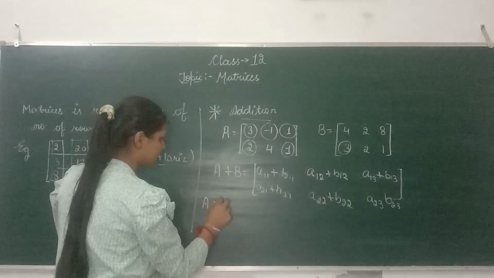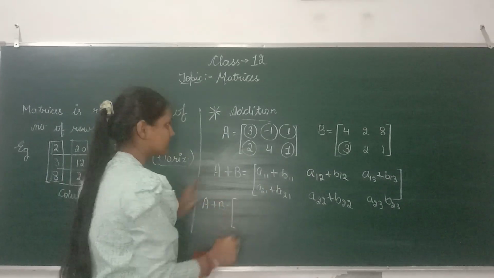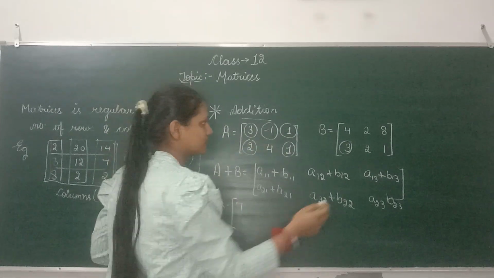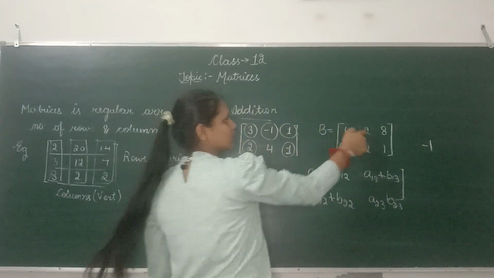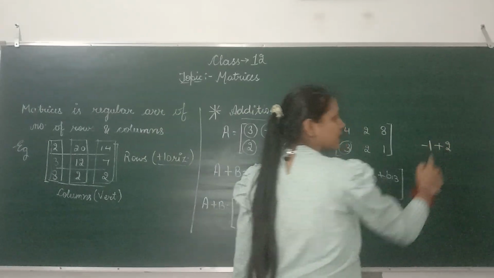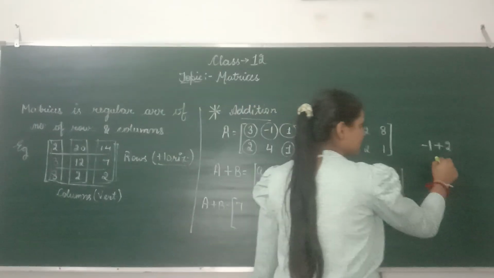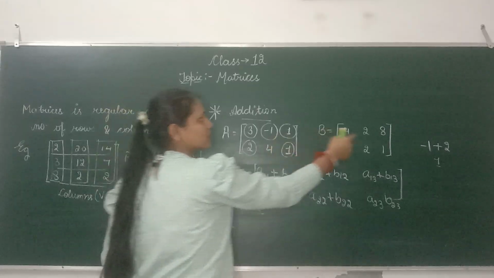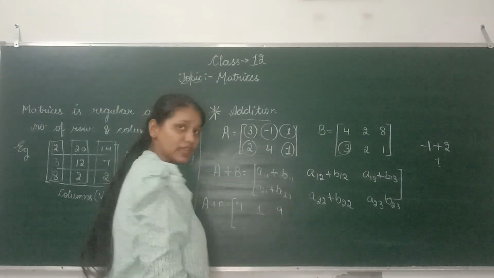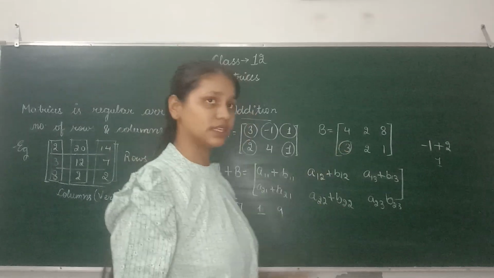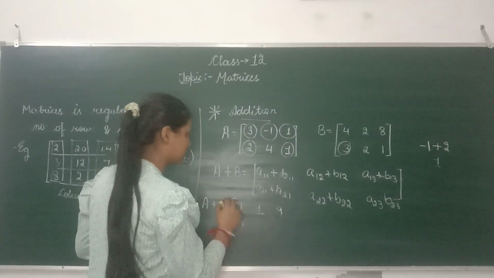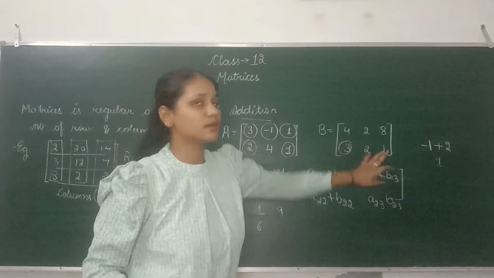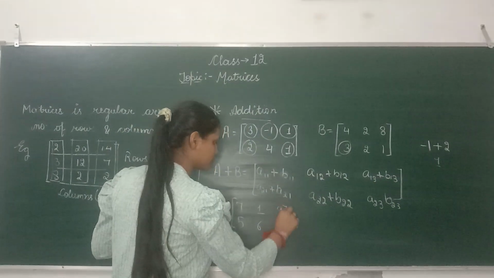So A plus B will become 3 plus 4 is 7, minus 1 plus 2, so this will be 1, here it will be 1 plus 8 is 9, 2 plus 3 is 5, 4 plus 2 is 6, 1 plus 1 is 2.